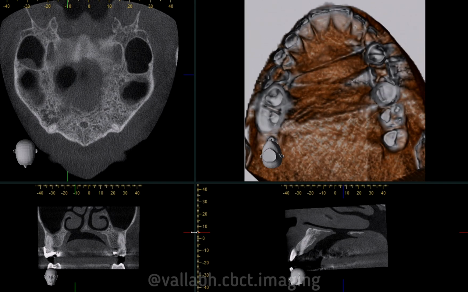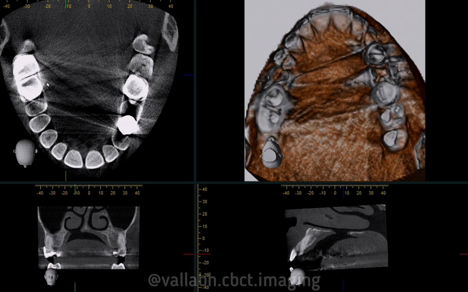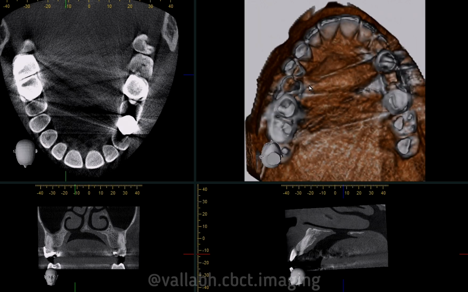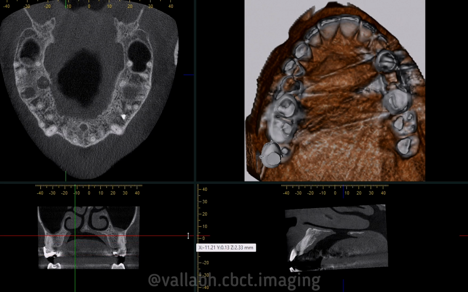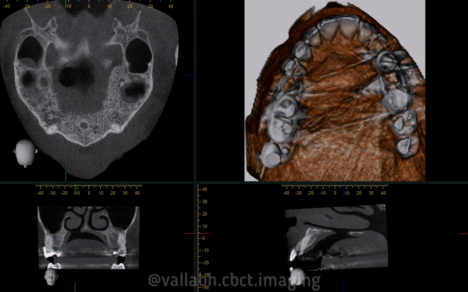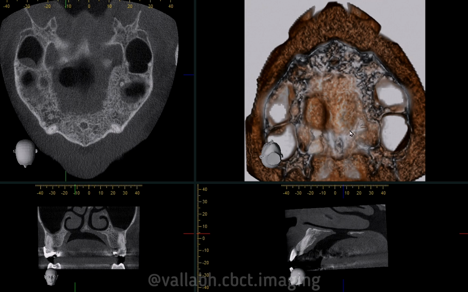Since the patient has a lot of restorations, as you can see in the axial cross sections, a lot of beam hardening artifacts are seen. So 3D volume rendering images in such cases become totally unreliable, but with the help of metal beam hardening artifact reduction tools, you can use those filters if available and see it in the 3D volume.